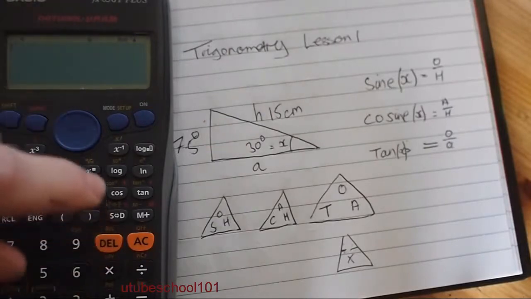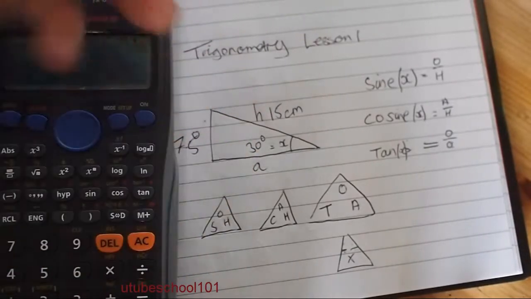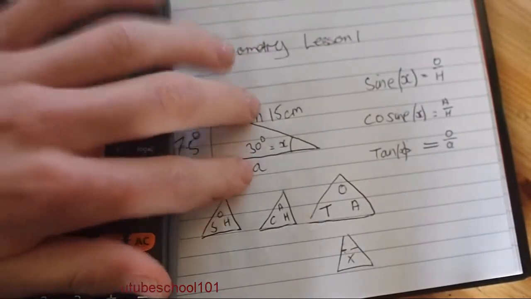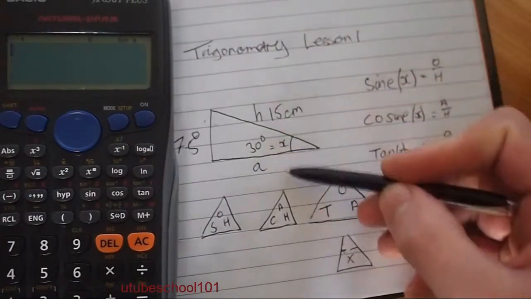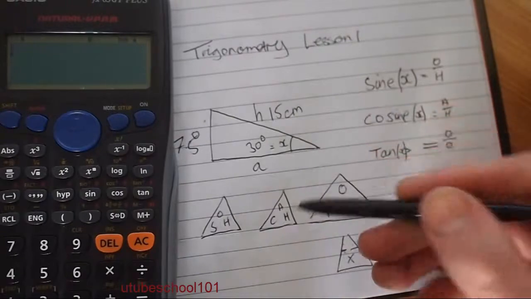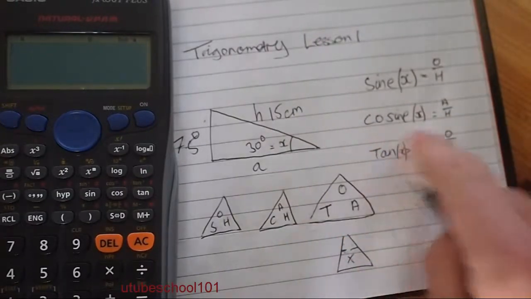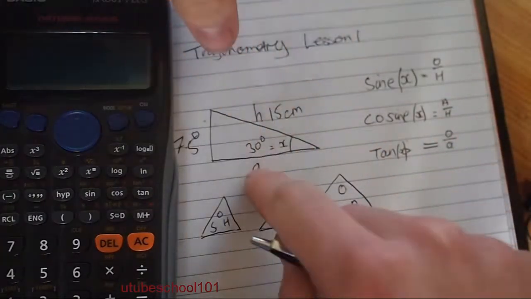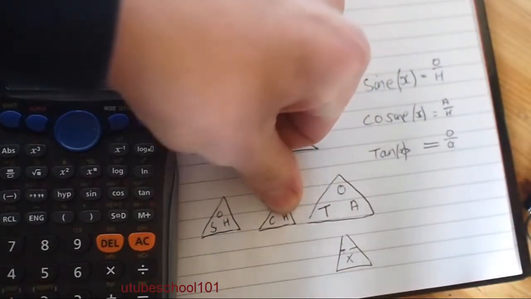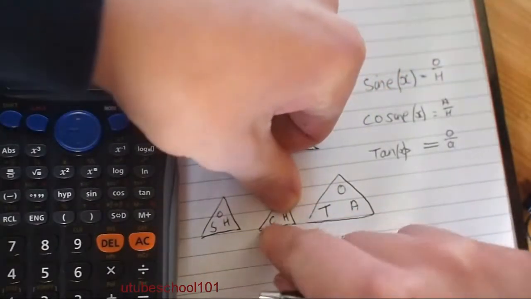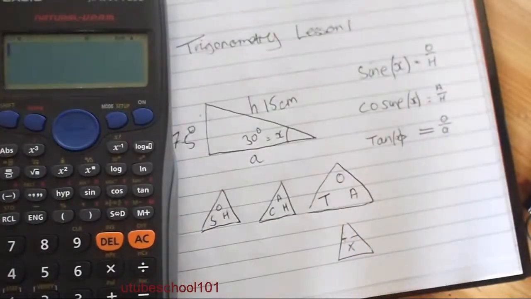So let's try a second one. Let's say we're trying to get the adjacent. We're going to be using the hypotenuse again. So which two sides have hypotenuse and adjacent in? Well, it's cosine. We're trying to find the adjacent, so we hide the adjacent. We just do cosine times the hypotenuse.